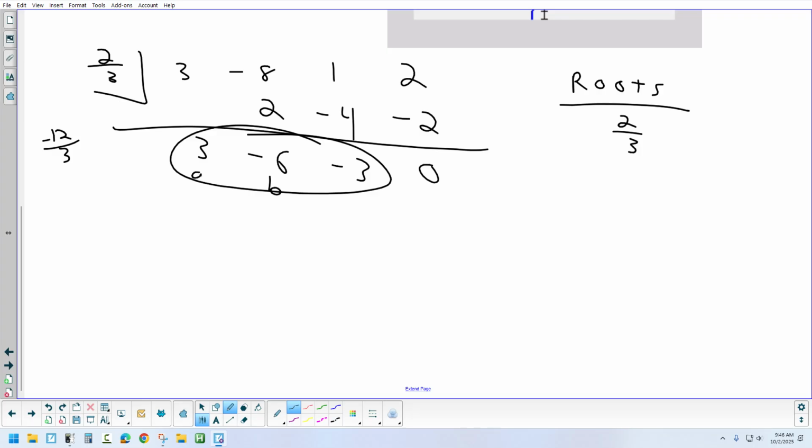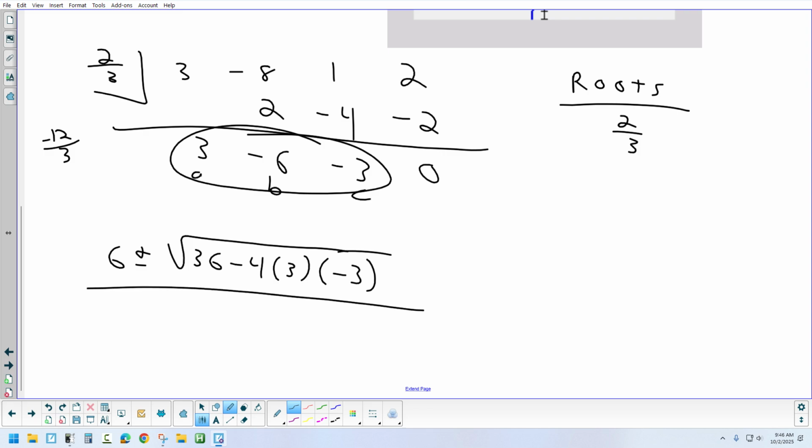A, B, and C. So -b plus or minus the square root of b squared minus 4ac, all divided by 2a. Becomes a plus. 4 times 3 gives me 12. Times 3 again is 36. 36 plus 36 is 72.